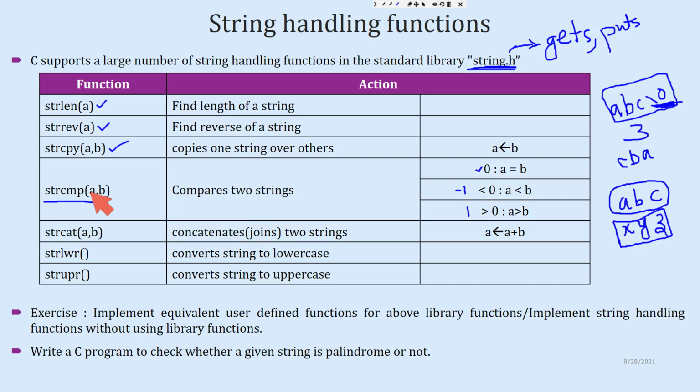So always remember, A comma B means A and B will be compared. If A is less, a minus value will be returned. If B is less, some plus value will be returned. And if both are equal, the value 0 is returned.